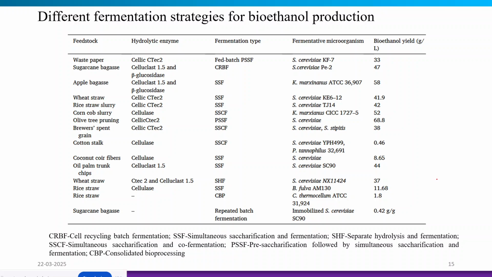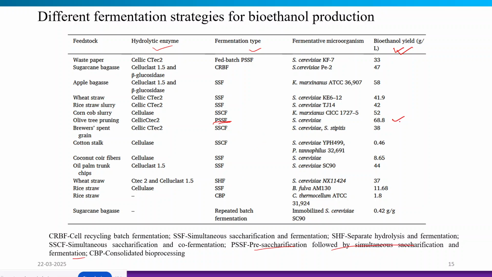Here you can see some examples of feedstock, depending on the hydrolytic enzymes that have been used. Fermentation type, we have discussed a lot of fermentation processes. Depending upon that, these are the fermentation types that have been used, and you can see the bioethanol yield depending upon that. The highest bioethanol yield was with pre-saccharification followed by simultaneous saccharification and fermentation.